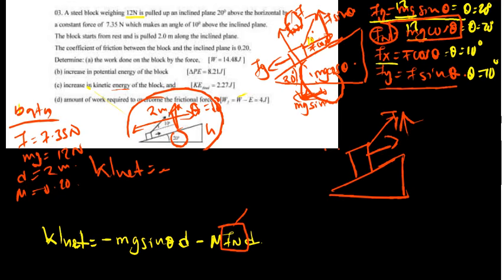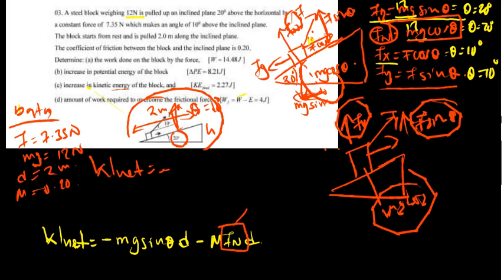But in this case, we do have the normal force, and we also have the force there, which is mg cos theta. So the forces in y direction, we have the F sine theta, this one, as well as that one. So when it is applied at an angle, we don't get this one directly. We are supposed to get the difference between this mg cos theta minus this one.